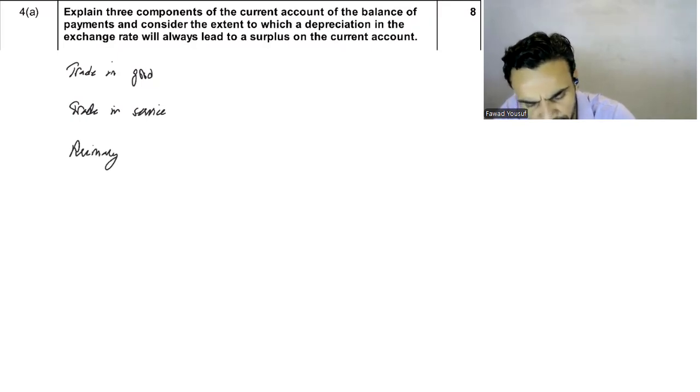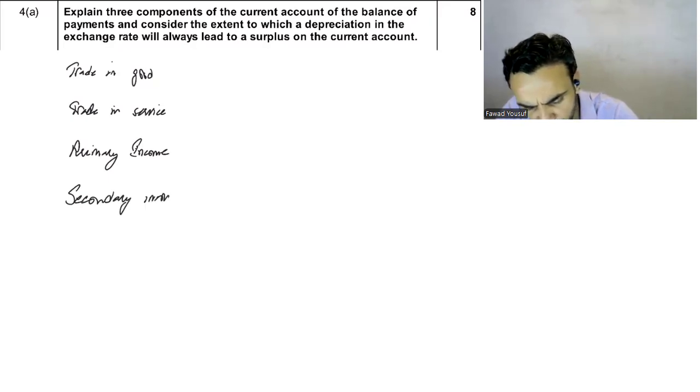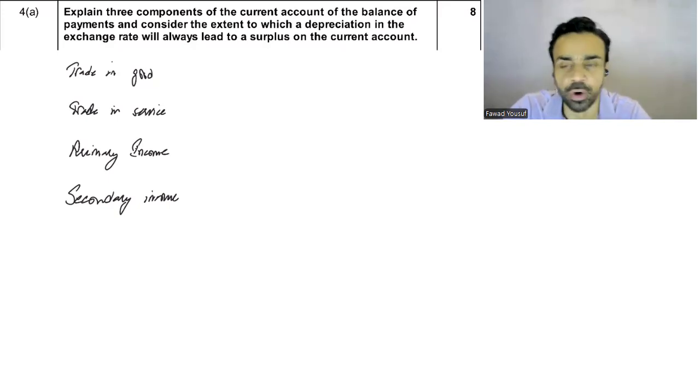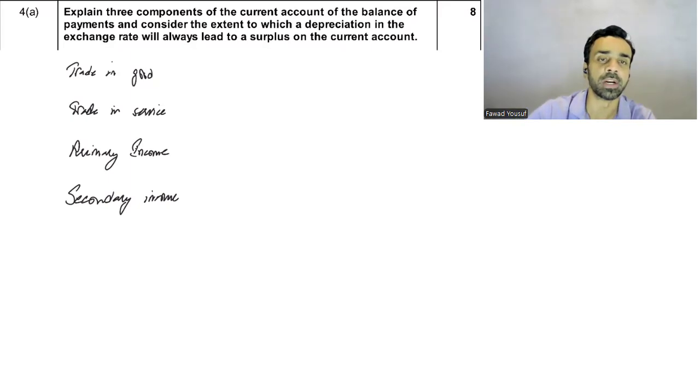Nobody wrote net incomes and transfer payments. Everyone went for primary and secondary income. So you can choose any three of these, but you have to explain them.